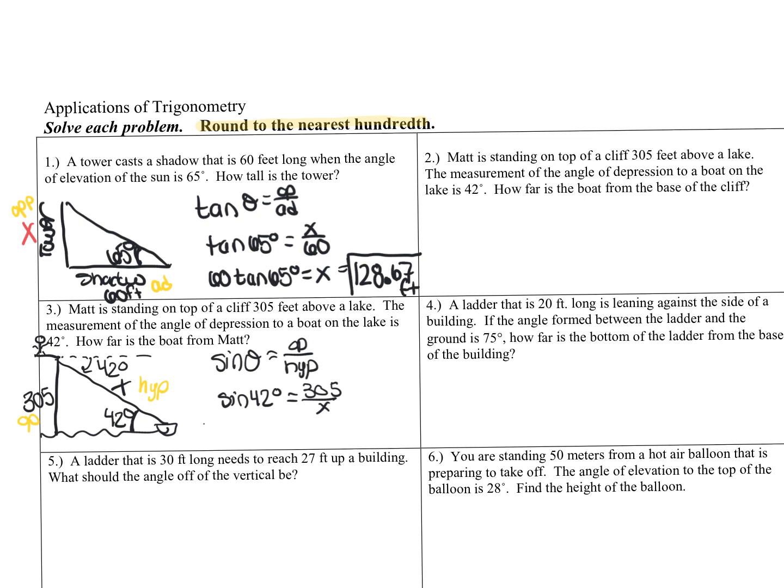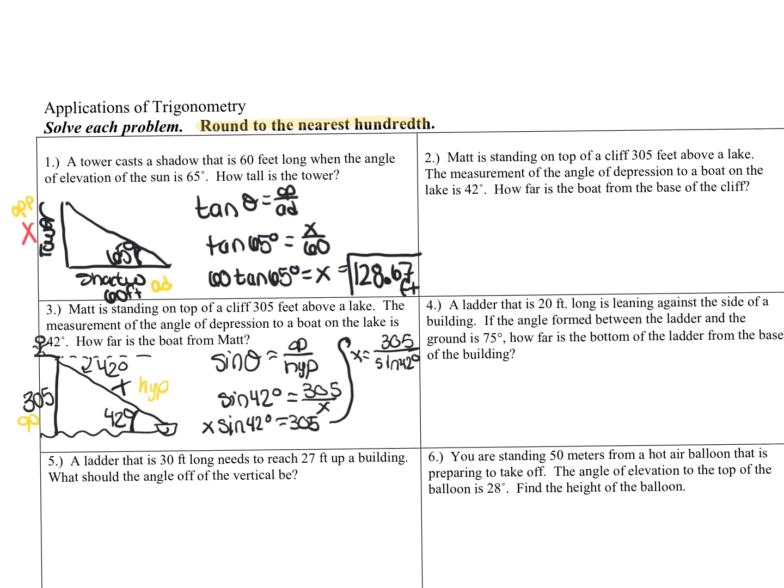I'm going to multiply the x over, so I get x times sine of 42 degrees equals 305. And I'm going to divide by the sine of 42 degrees. So I get x equals 305 divided by sine of 42 degrees.